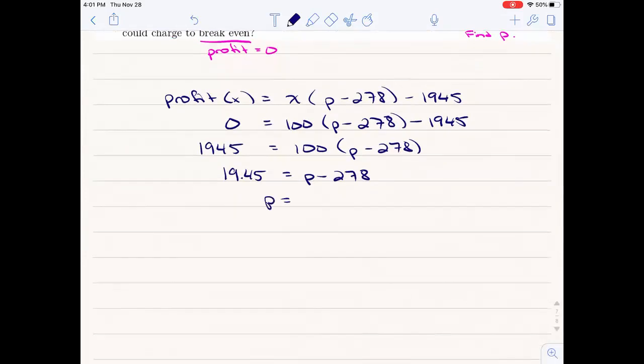So P then plus 278, 297.45. And because that's already to 2 decimal places, we can say it's in dollars.